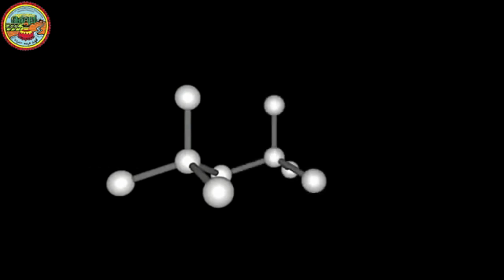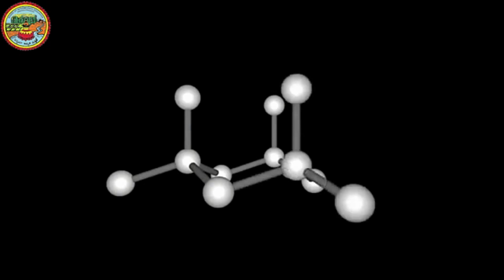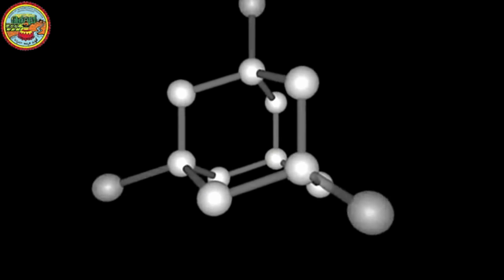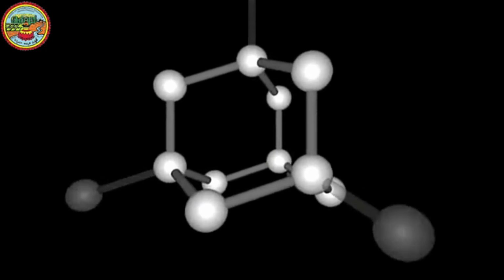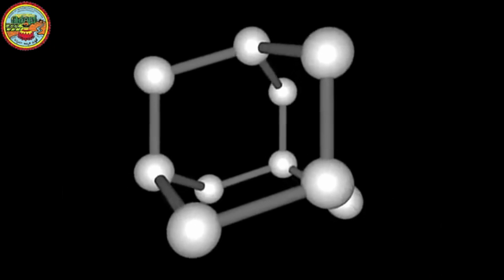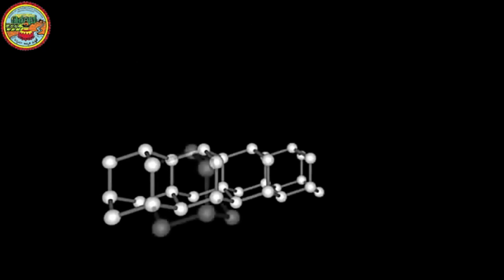Each carbon in this tetrahedral forms bonds with 4 other carbon atoms, and such tetrahedrals together form a 6-membered ring structure. The repetition of these structures makes a huge cage-like structure, that is diamond.